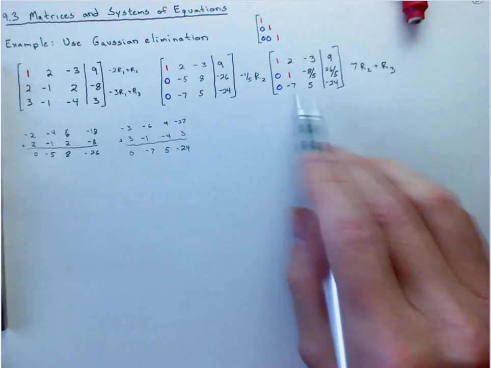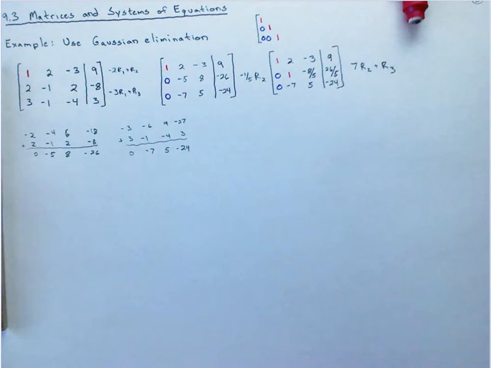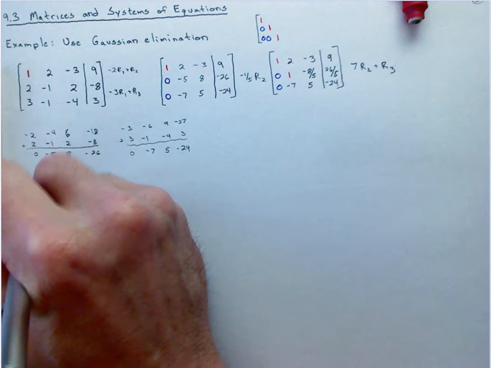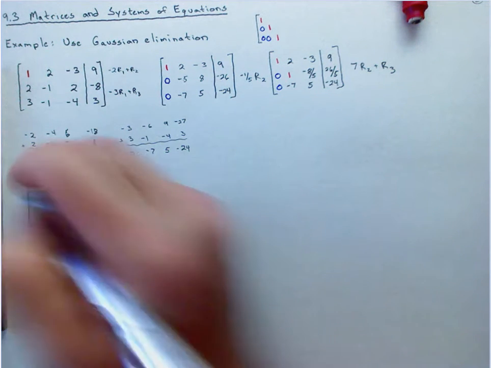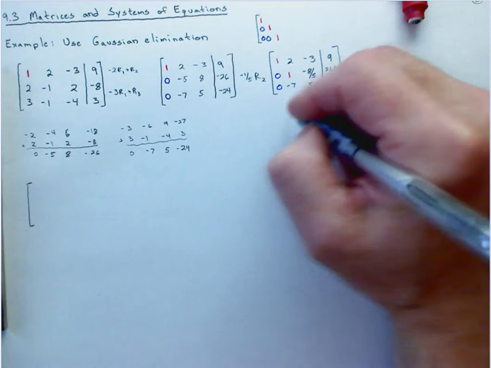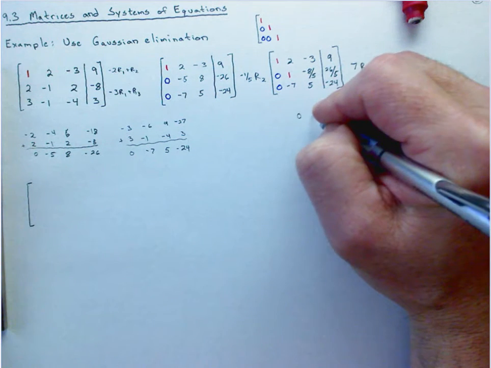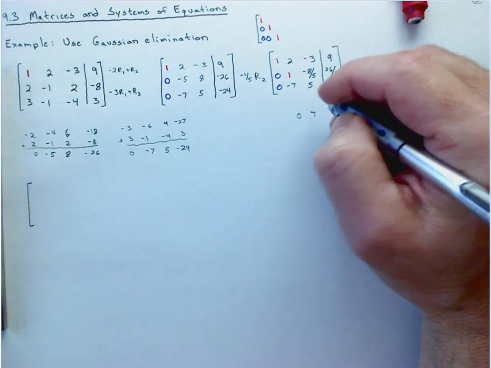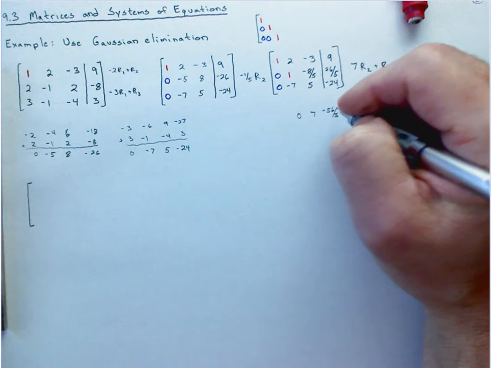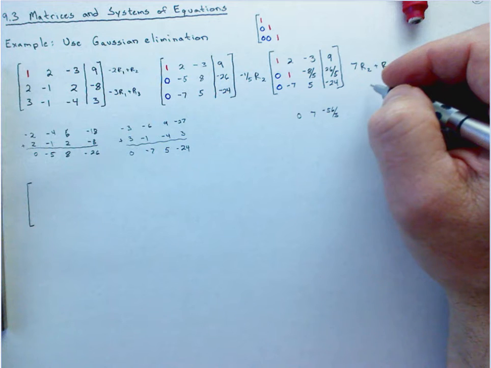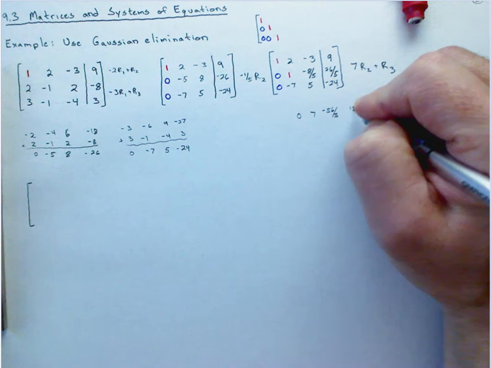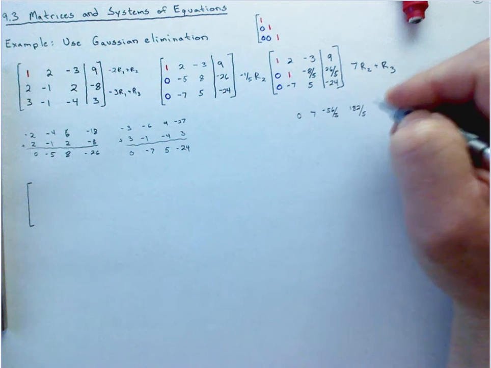Once I get this to be a 0, then I can make that a 1. I'm going to multiply row 2 by 7, so that is 0, 7, negative 56 fifths, and 182 fifths.